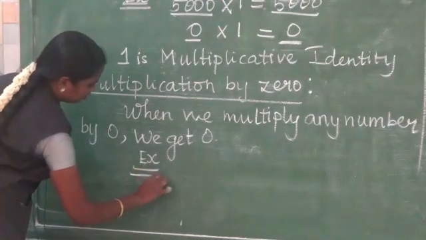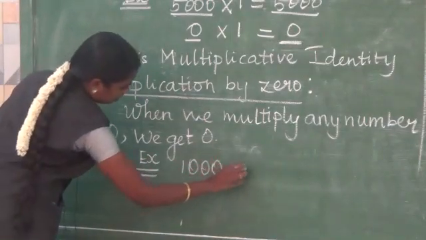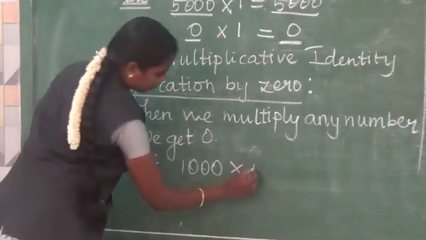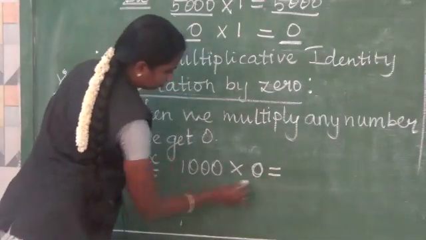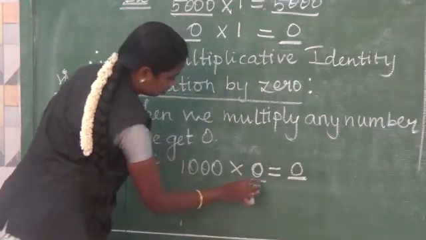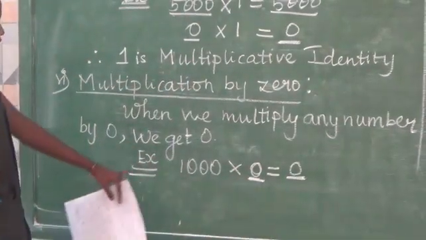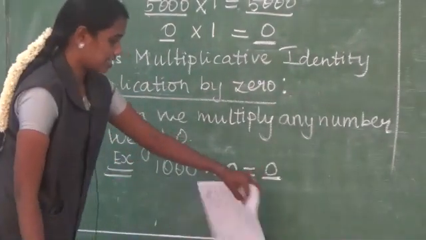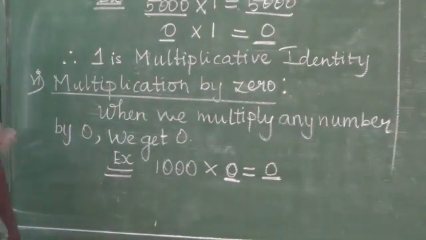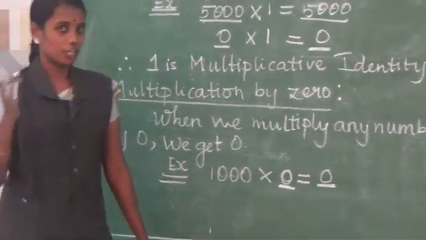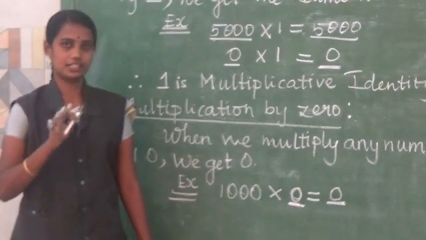Example, 1,000, it's any number. I multiplied by 0, you get the answer as 0. Whatever number you multiply with 0, the answer is 0. It may be 1 crore or 2 crore or 3 crore. If you multiply by 0, the answer is 0.